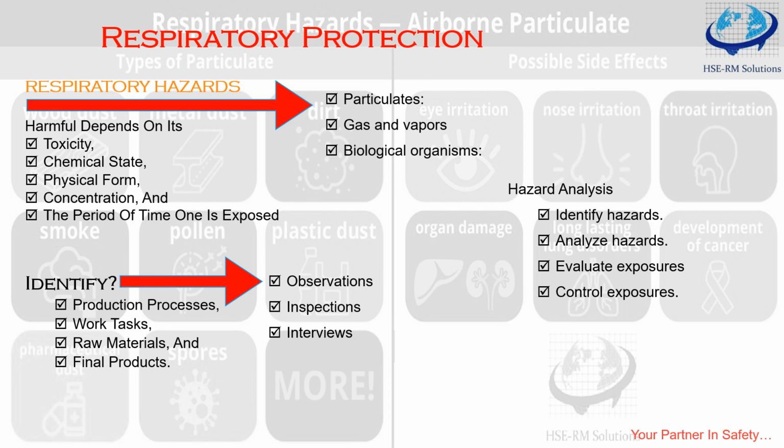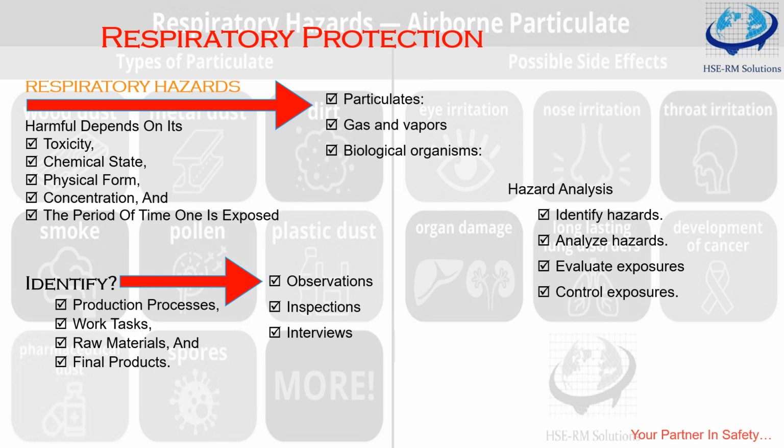The most effective strategy to identify air contaminant hazards in the workplace is to integrate all three methods at once. So you need to have strategies to observe, to inspect, and to interview people as well. Correct. Now, finally, when you have already identified the hazards, the second step is analyzing the respiratory hazard.